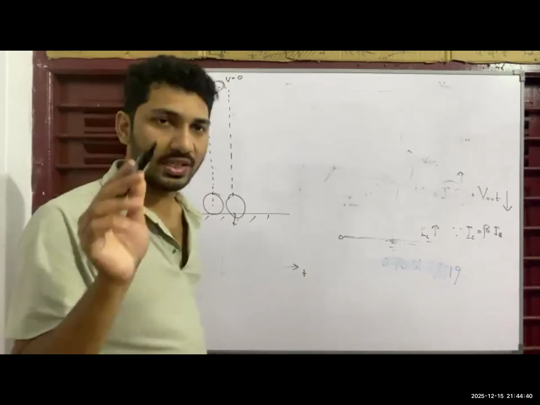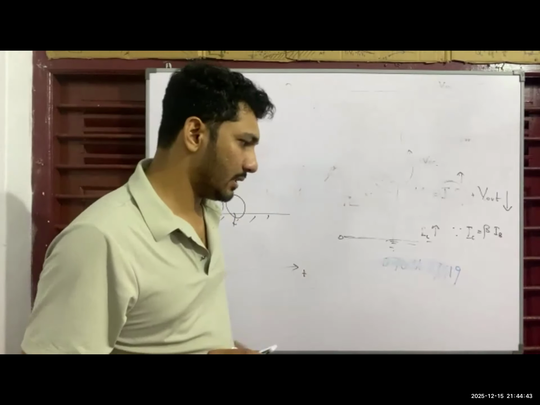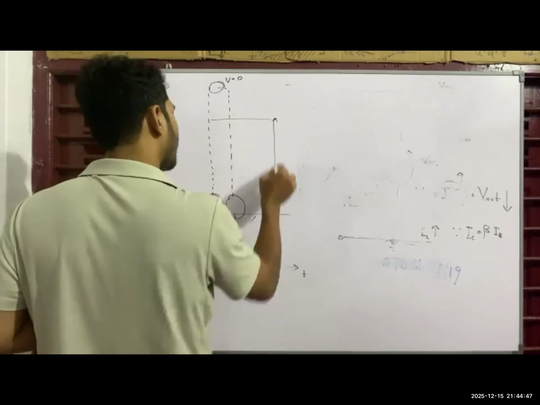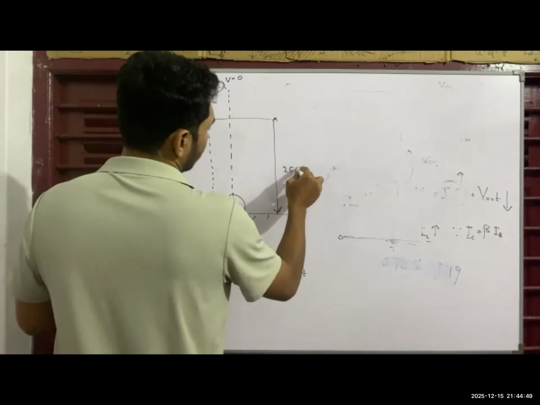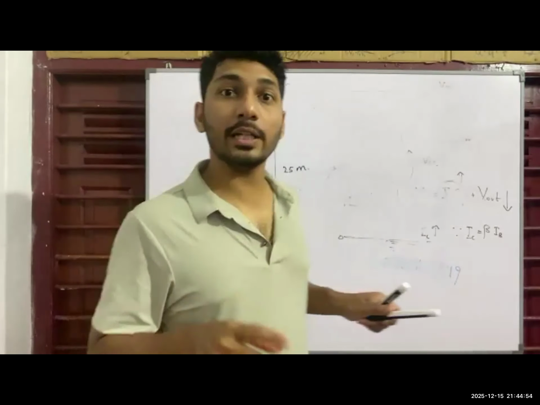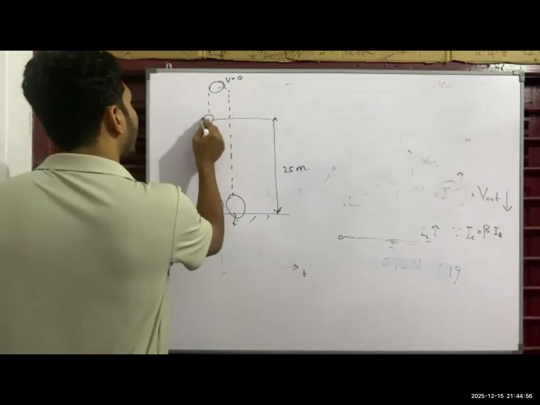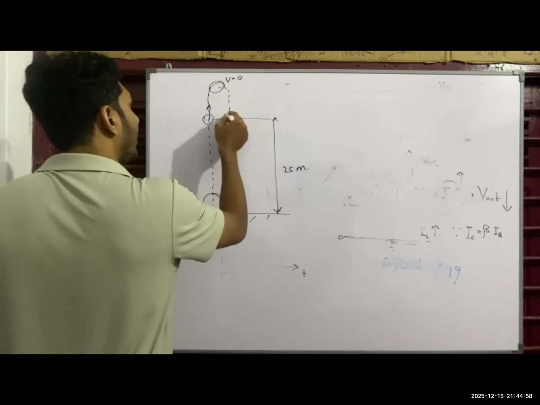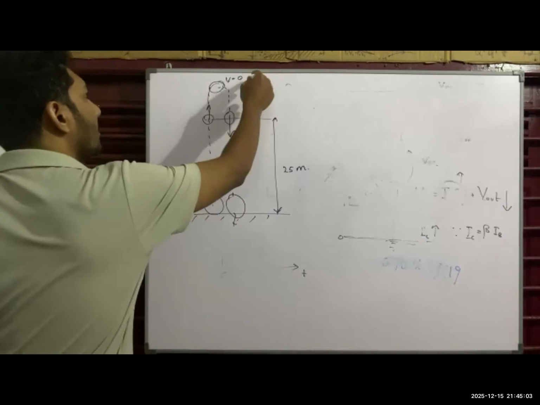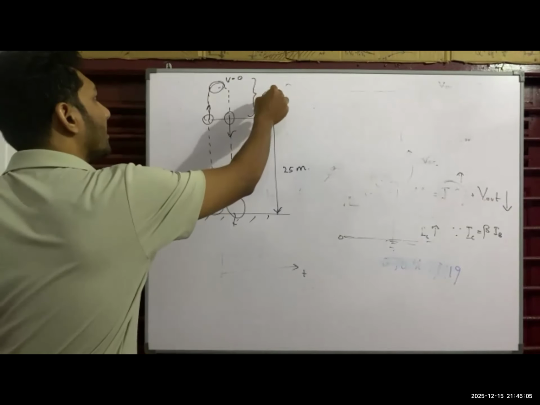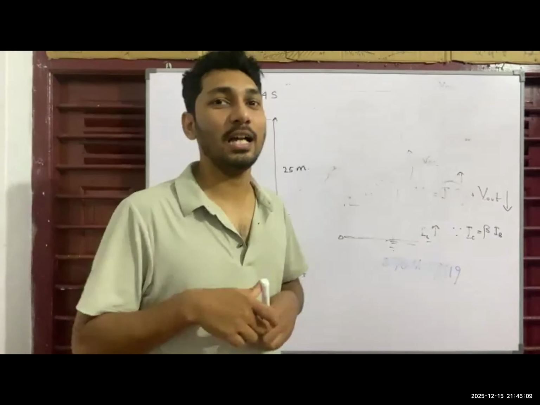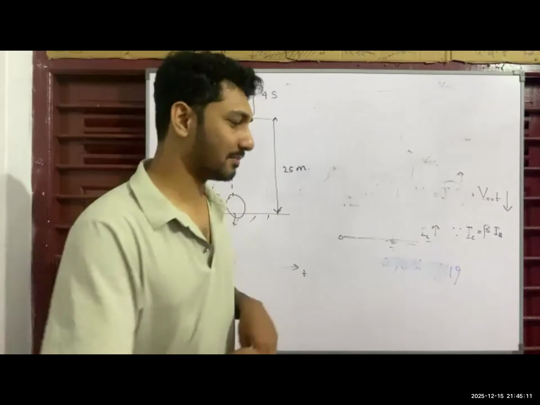So it crosses a point that is at height 25 meters from the ground, let's say this point. The time taken between crossing, going up and coming down, is 4 seconds.